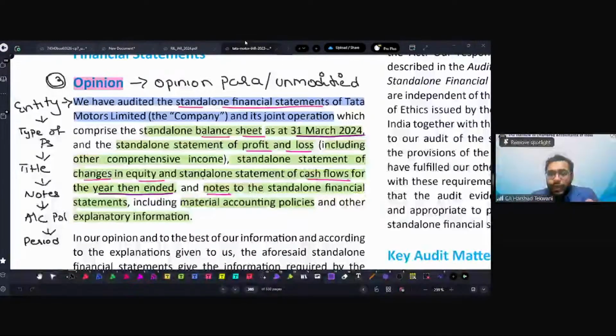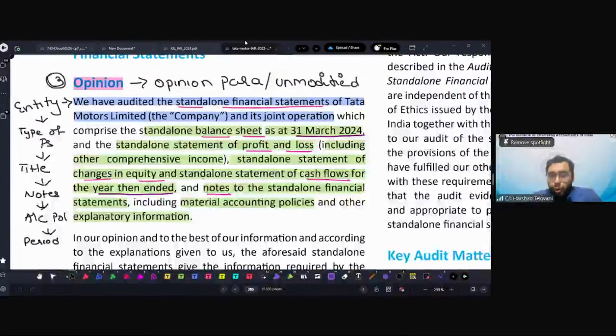So in a fair presentation framework I have to achieve a true and fair view. A compliance framework is adherence to the rules and regulations. It may be true and fair view, it may be beyond true and fair view.